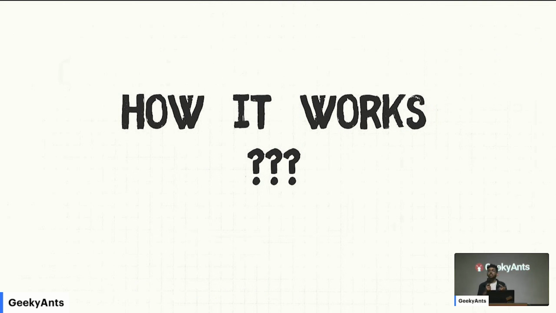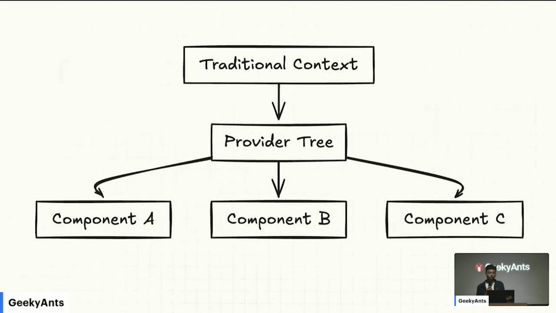Every time your app loads, first the context is made, then your global store is created, then your app loads. So this is the traditional approach: a context provider tree, with different components which use this provider, and all states are propagated through the React tree.